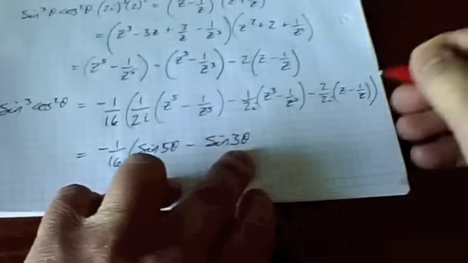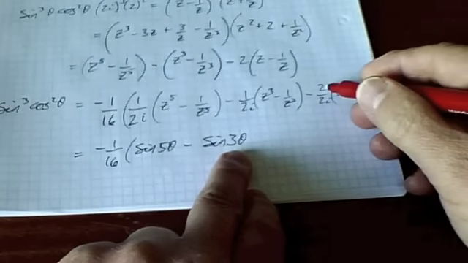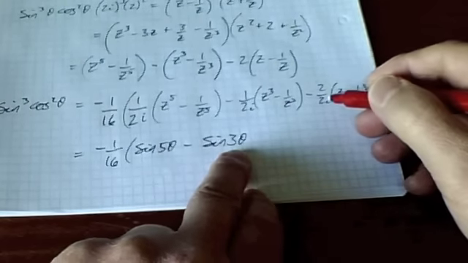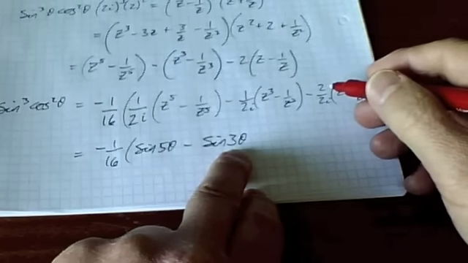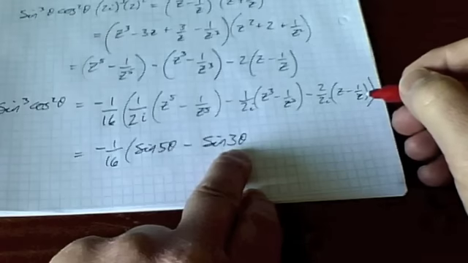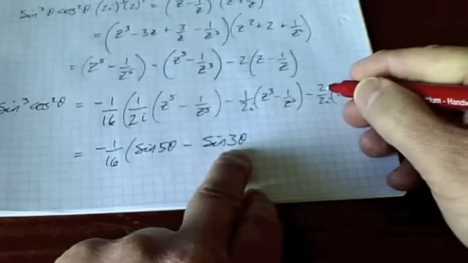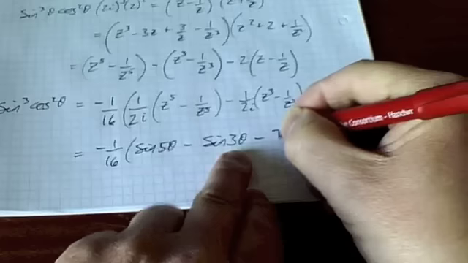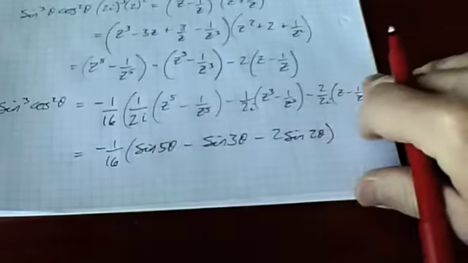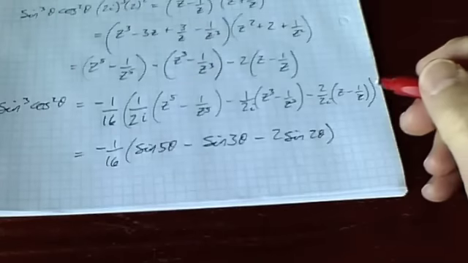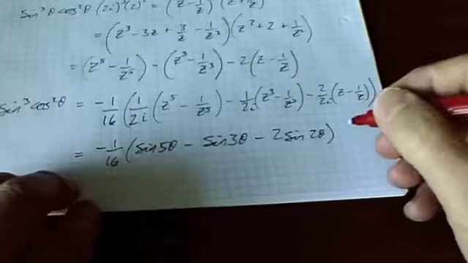And at the end here, minus 2 over 2i, 1 over 2i, z minus 1 over z would be sine theta, but we've got 2 of them, so we end up with 2 sine theta at this point. And that was the result that we were meant to prove.